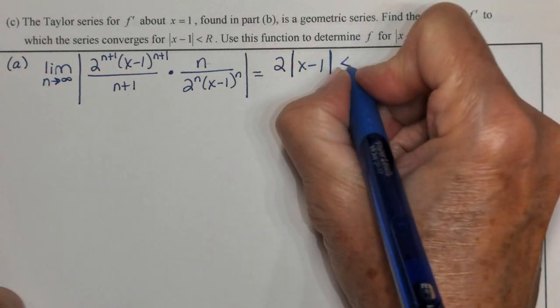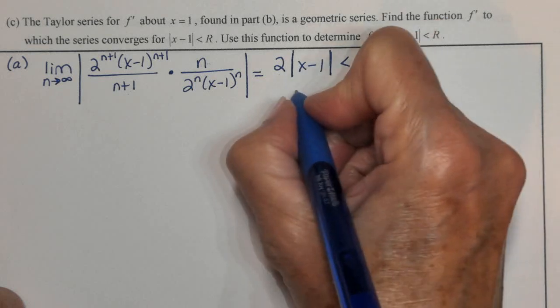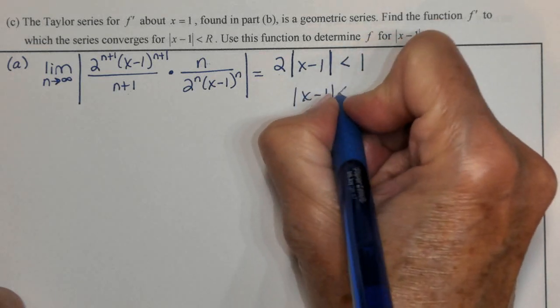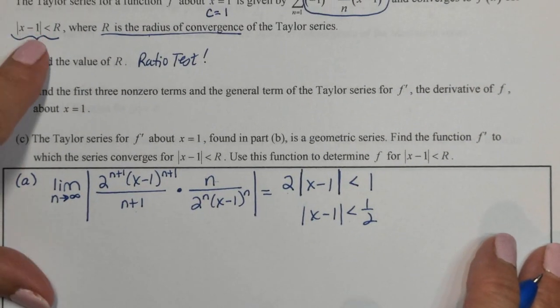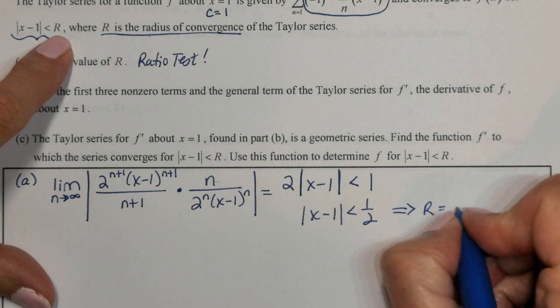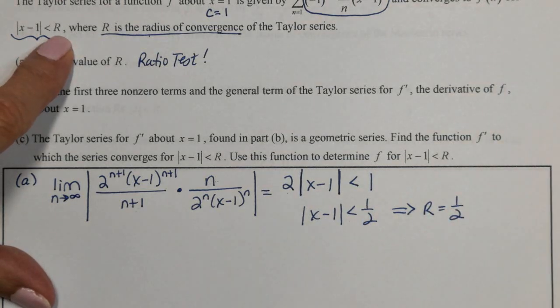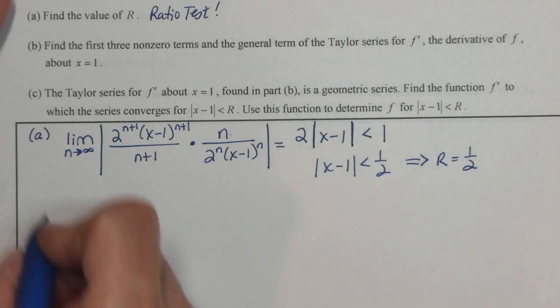I force this to be less than 1. I divide both sides by that 2. And now it's in the form that I needed it to be in. And r is 1/2. Okay? Part B.